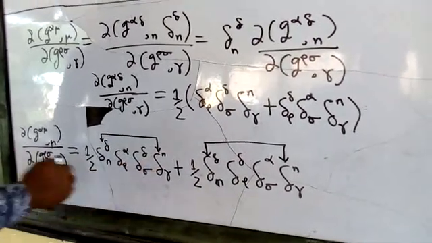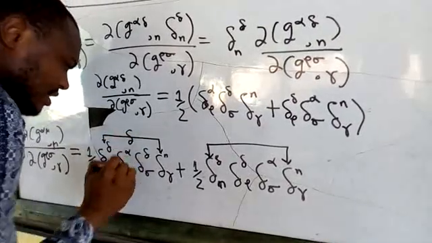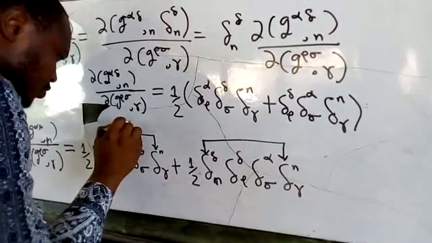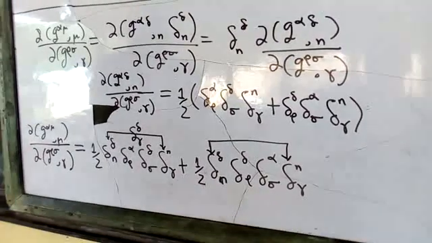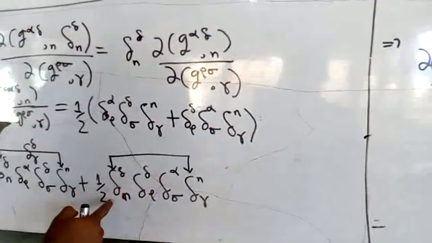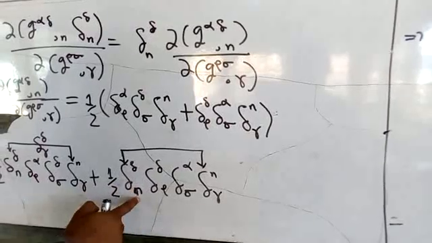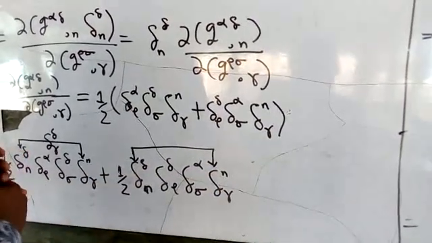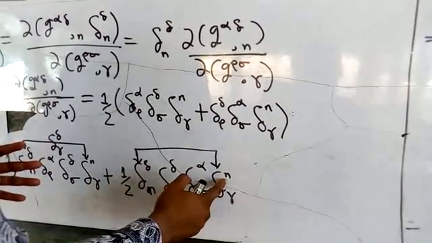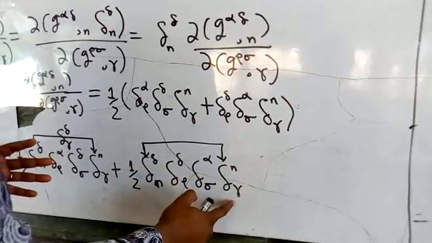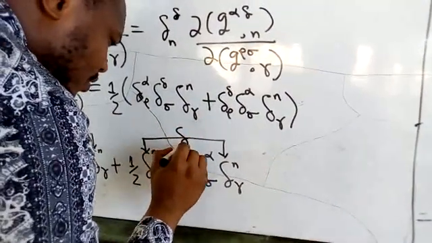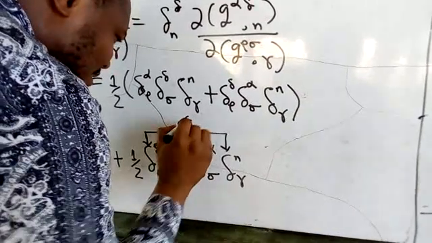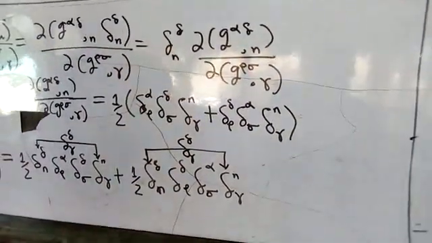It means, therefore, that this 2 gives us a Kronecker delta which says that delta has to be equal to gamma for this whole expression to be non-zero. Now, if we look at this again, this Kronecker delta says n has to be equal to delta for this whole term to be non-zero. But then again, this is also saying that n will have to be equal to gamma for this to be non-zero. In other words, we have another one again here, Kronecker delta of gamma and delta for the whole expression to be non-zero.